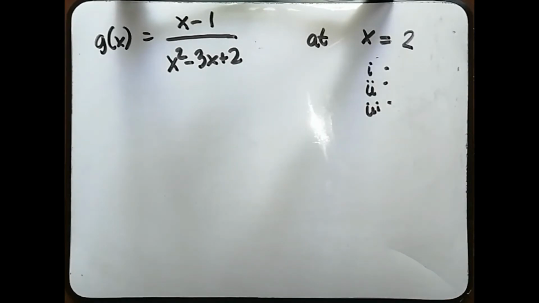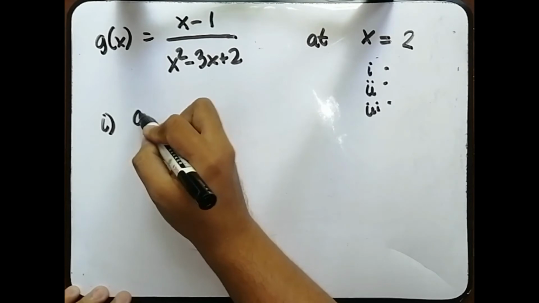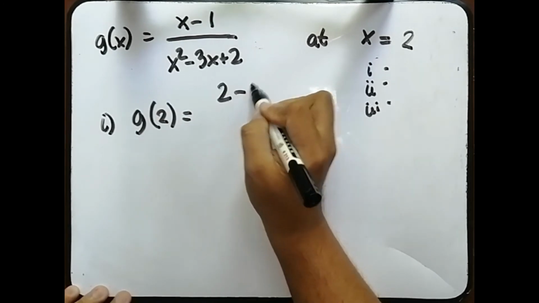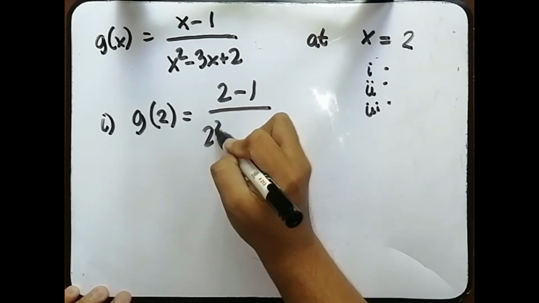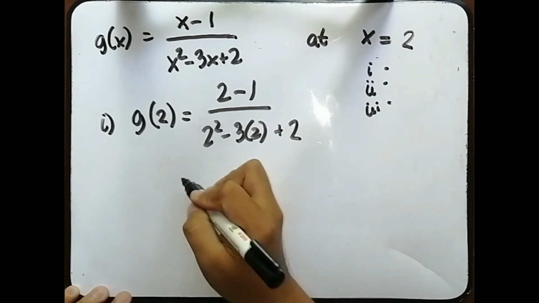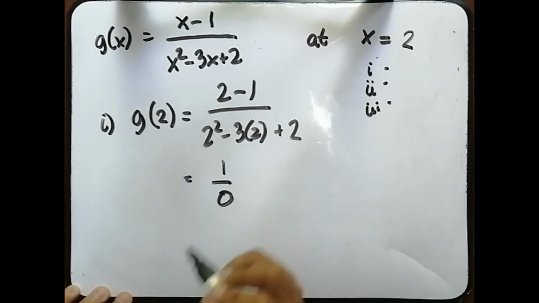siya pasado. How about at x equals 2? Continuous ba yung g of x natin? Okay? So, criterion 1, g of 2 must be defined. So, we have 2 minus 1 over 2 squared minus 3 times 2 plus 2, which is equal to 1 over 0.